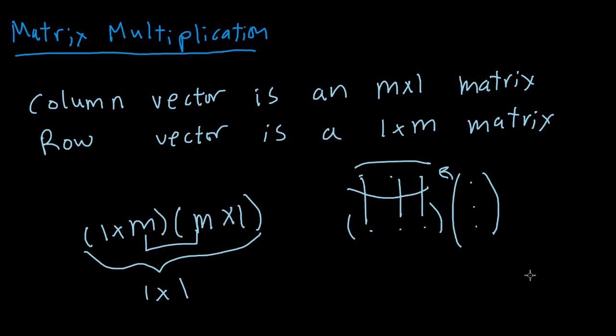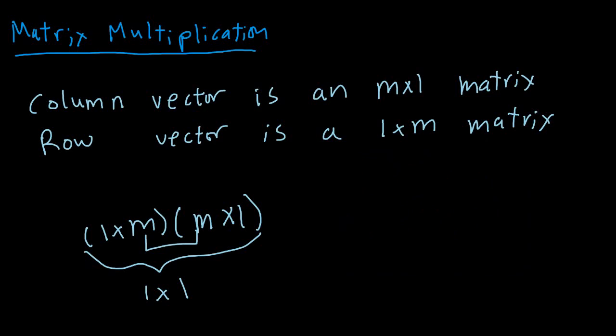Now, there's something else interesting that you can do with a row vector and a column vector that a lot of people don't mention, which is that if you do this the other way, if you take a column vector, which is an m by 1 matrix, and you multiply it by a row vector, which is a 1 by m matrix.